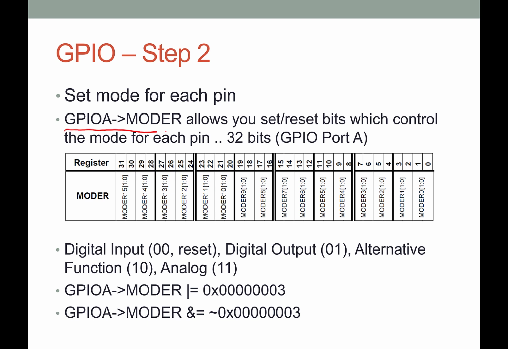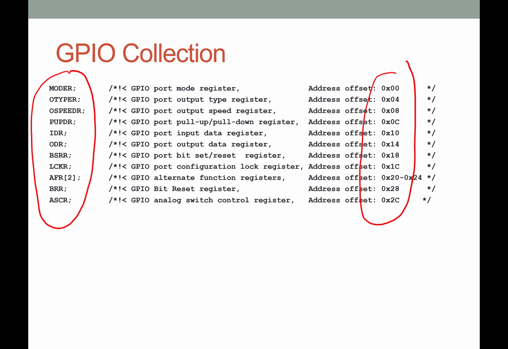Remember, we can get the register for port A, and we can set or reset bits that will control each pin. There are 32 bits in the mode register. Remember, all of these registers are 32 bits except for this one, which is a 64-bit register, with 32 bits high and 32 bits low to create that 64-bit register.